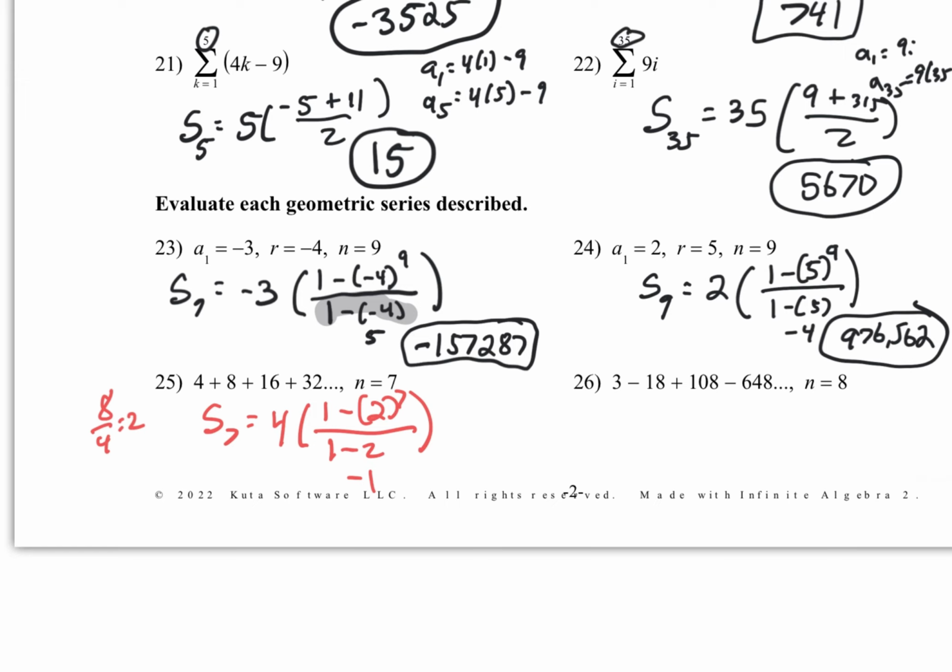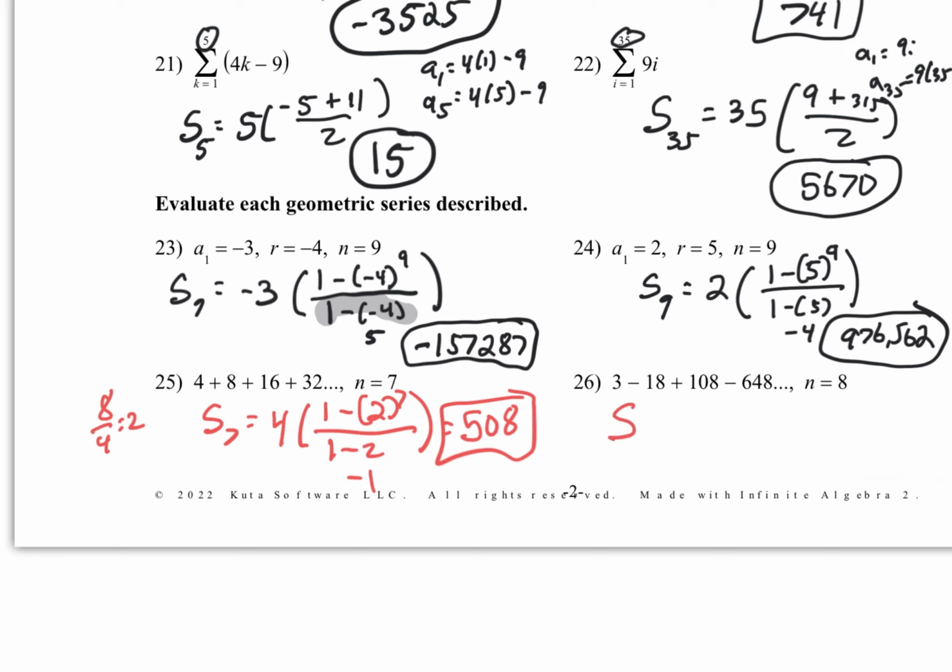So that's negative 1. Try it again. So 1 minus 2 raised to the 7th, divide that by negative 1, take that times 4. Sorry about that. You know, it's simple math that messes this up sometimes.